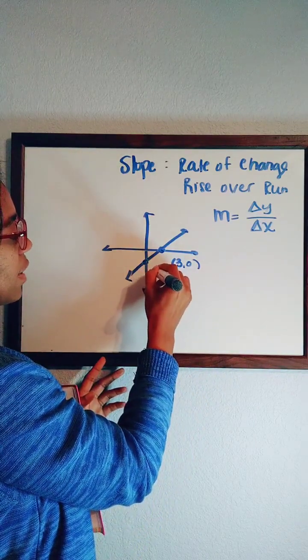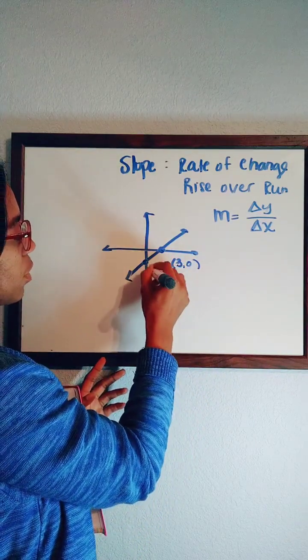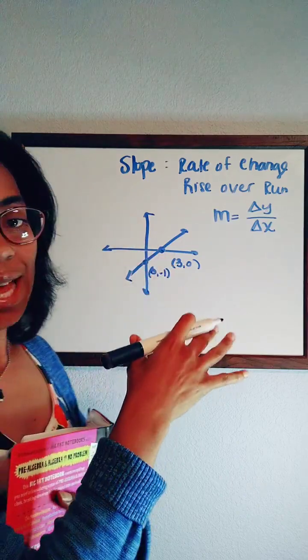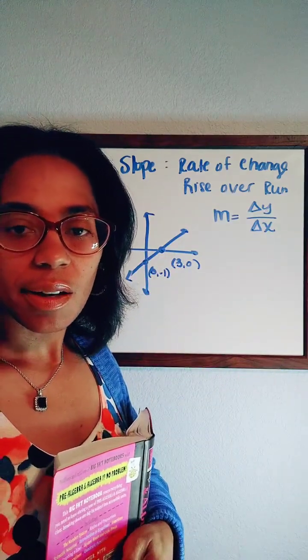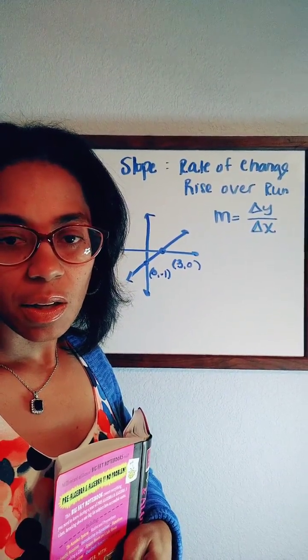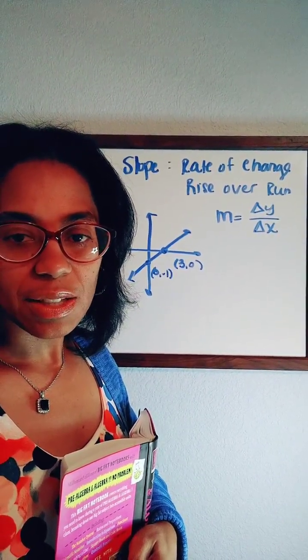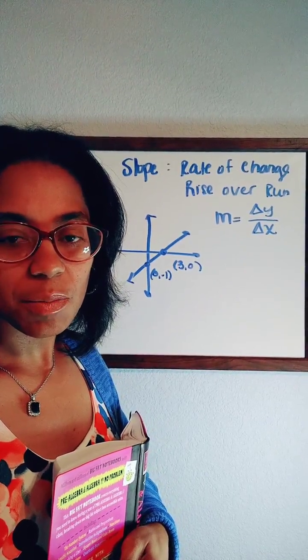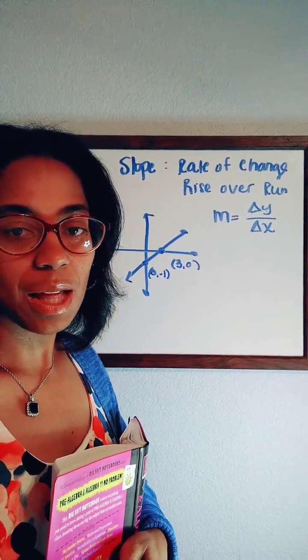Let's say this is (0, -1), right? So I have a line and it has 2 points. I can find the slope. So the x-intercept and the y-intercept, those are the points that I just plotted.